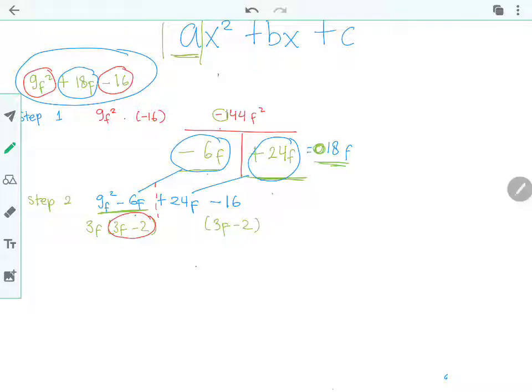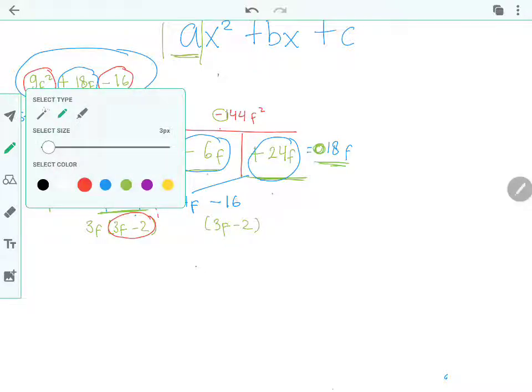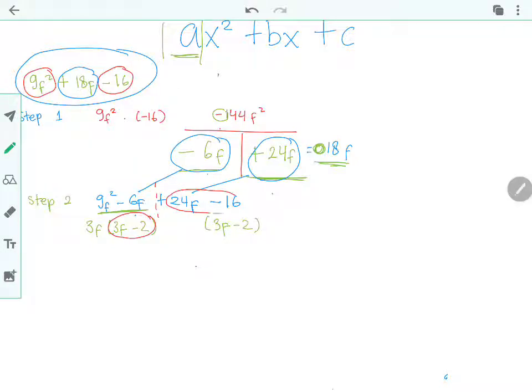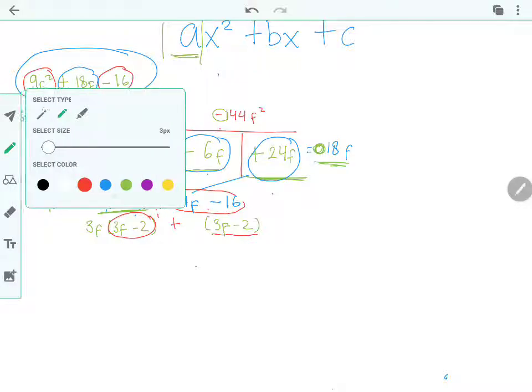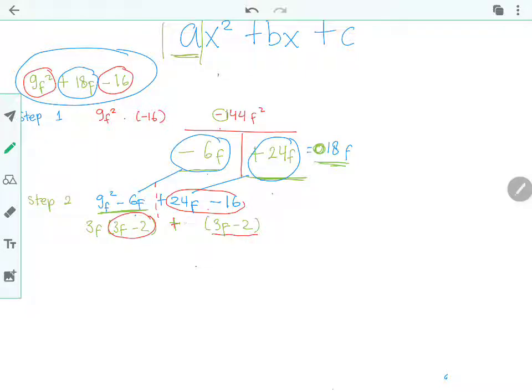Then you need to think what kind of numbers can be used to factorize this one, so it will get another 3f minus 2. If you think carefully, then you will get it's actually equals to 8.